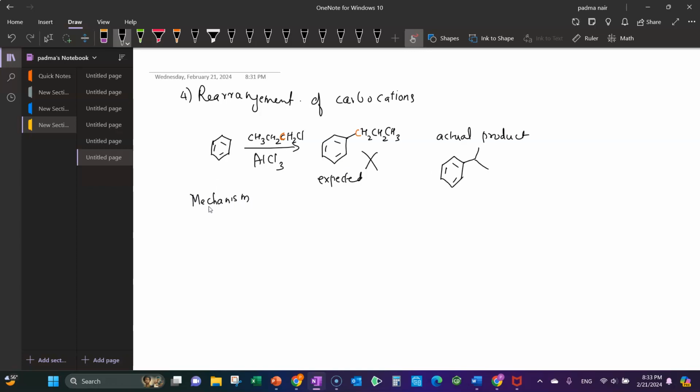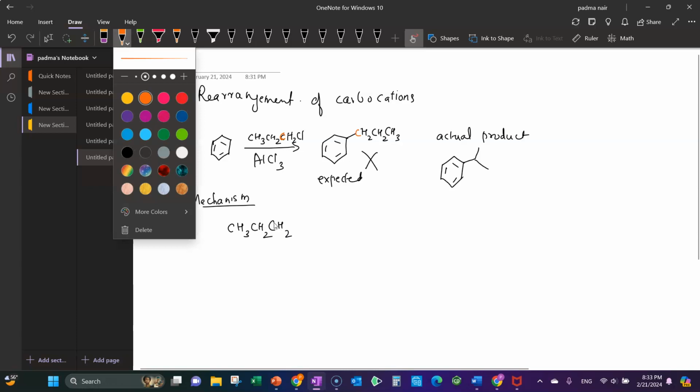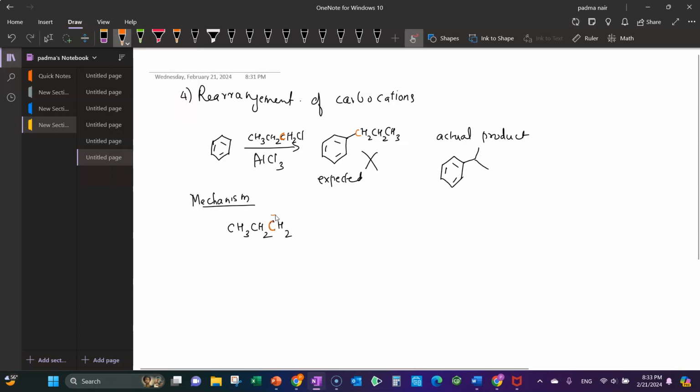Step 1 in the mechanism is formation of the carbocation, or the electrophile. I'm not going to write the whole step because we did it before. The electrophile that we are expecting to get is this one, where here is my carbon with the positive charge. This is my carbocation that I form when I react this propyl chloride with AlCl3.